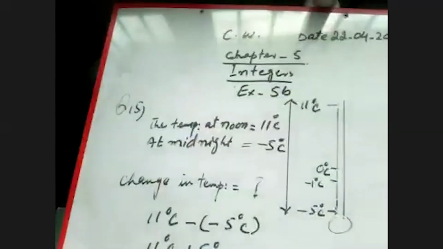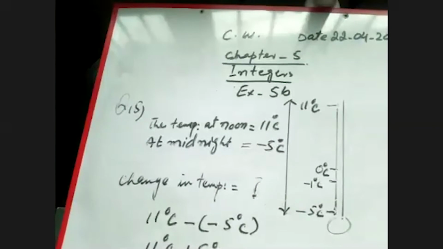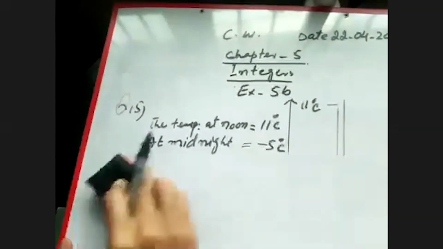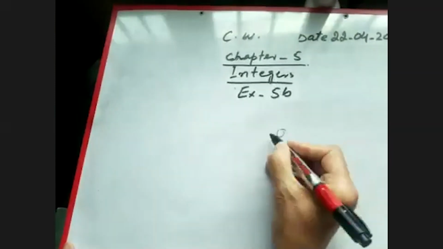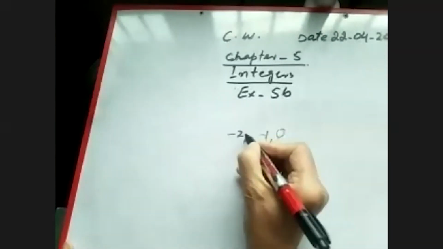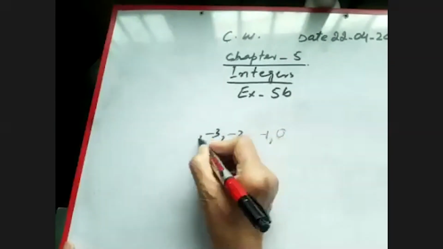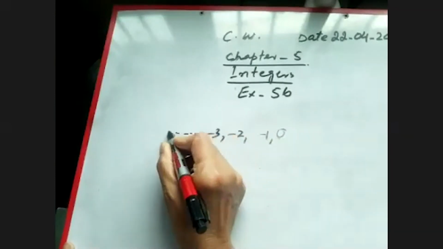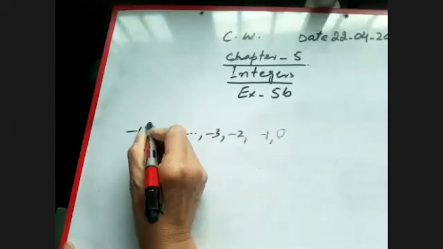So C is correct. As on the number line, I'm going to solve it for you. See the number line, which is the greater figure. If 0 is here, after 0 you have -1, then -2, -3, and then dot, dot, dot, -15.